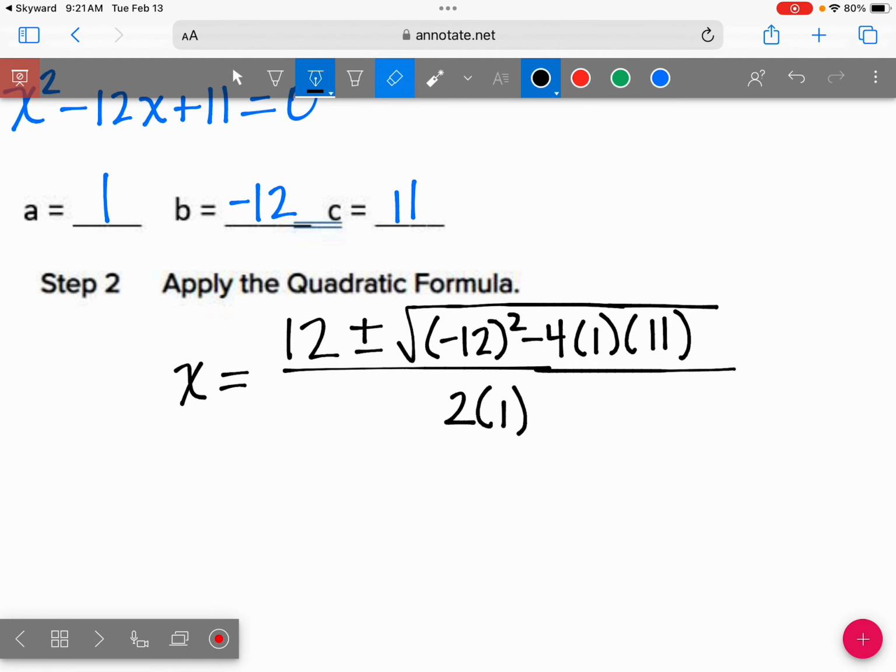All right, now I want you to pick up your calculators and just type what's underneath the square root, that pink part. That's what we practiced yesterday. So in your calculator, you're going to put -12 squared minus 4 times a times c.